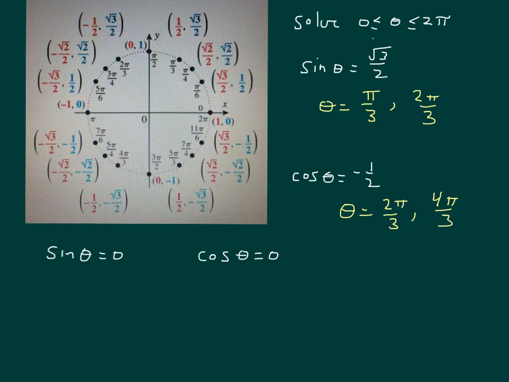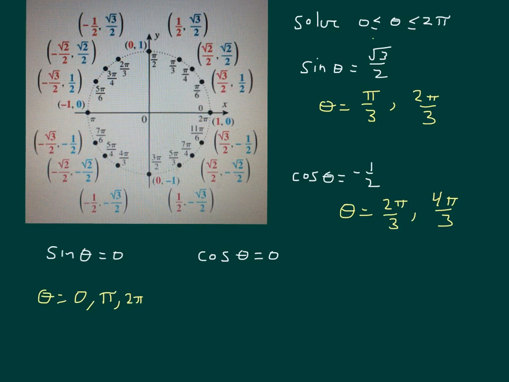Sometimes I've seen it where that's just a less than, but right now what I have on this one is less than or equal to. So the values for theta: this first one is when theta is equal to 0. It also happens at pi, and then again at 2 pi.